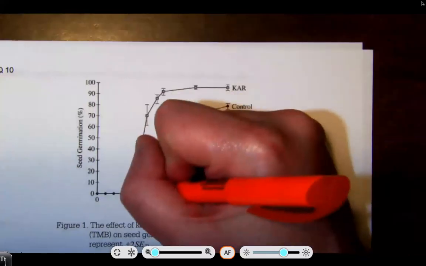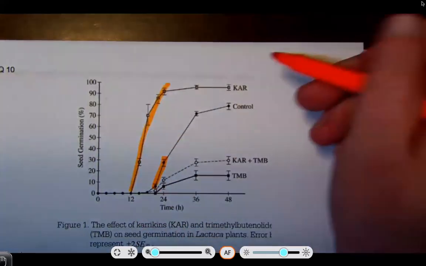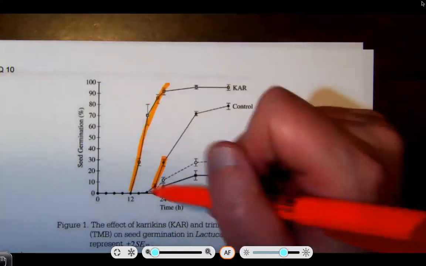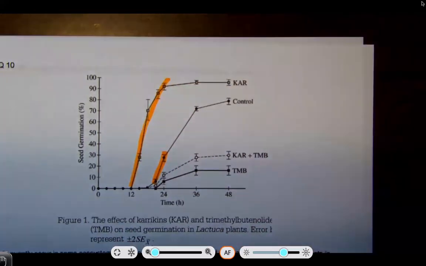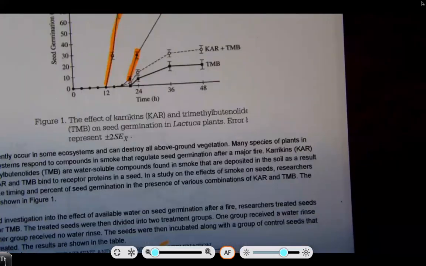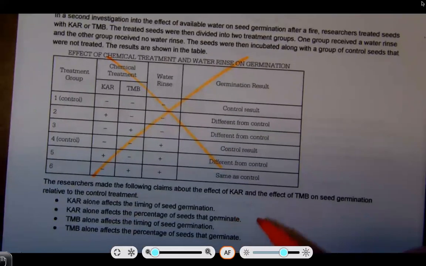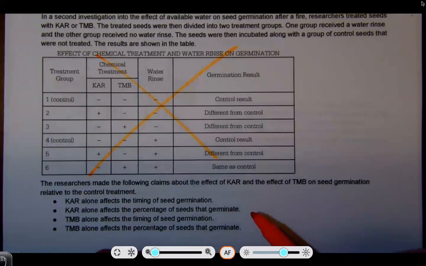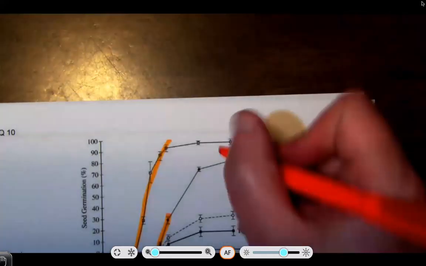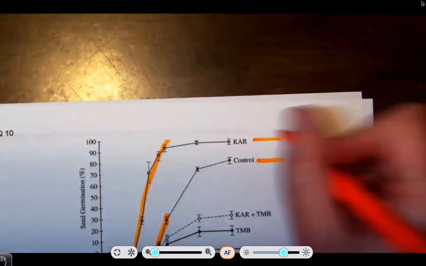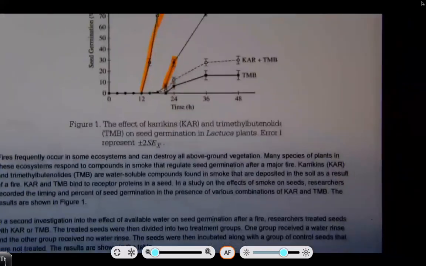And we notice that germination, for the most part with KAR, happens here. So in this case, germination starts sooner with the KAR than it does with the control group. And then if we look at percentages, we'll notice that our percentages are higher with KAR than compared to the control group.